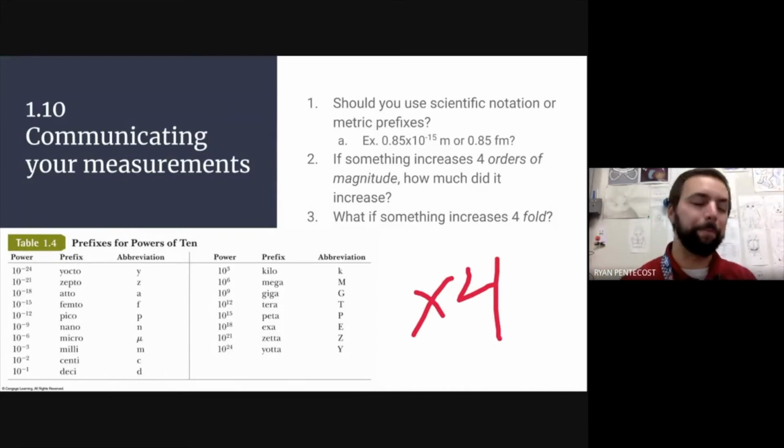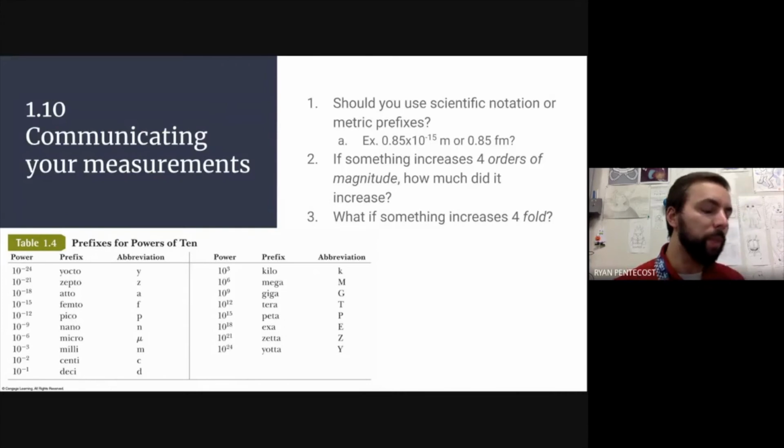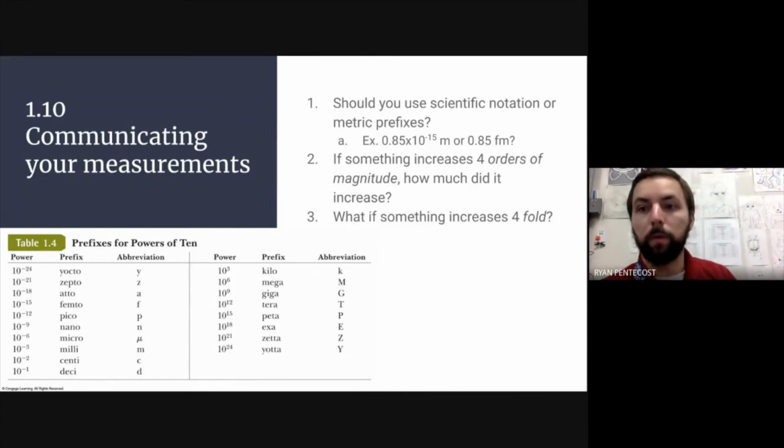Let's say your investment is growing, and it grows 4-fold. That is a huge jump in money, right? To increase by 4-fold means that you increased by 400%. That's an incredible jump. Now, if your accountant or investment broker comes to you and says, well, this quarter you increased by 4 orders of magnitude on your investments.